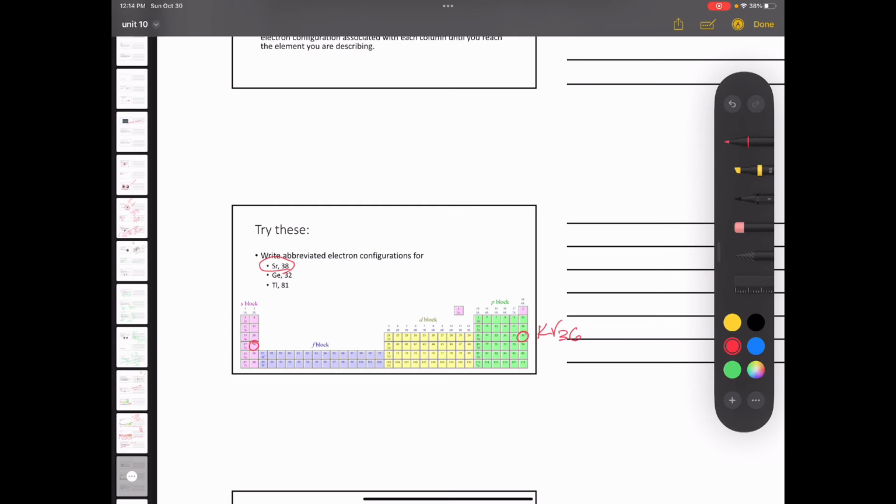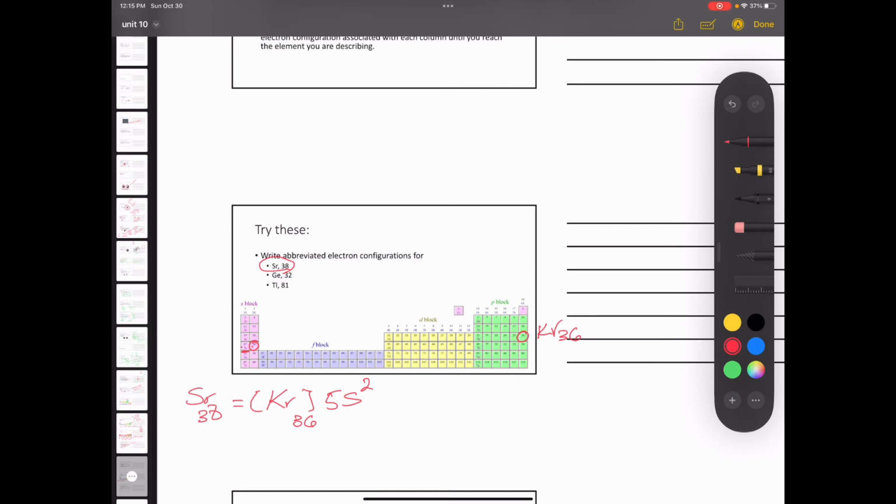So if I want to write the electron configuration for strontium, which is 38, I will say krypton in brackets, that will be 36 down here. And then what follows krypton 36? I have the 5s as you see here. So that is going to be 5s2, because both electrons are in the 5s orbital, or the 5s sublevel.